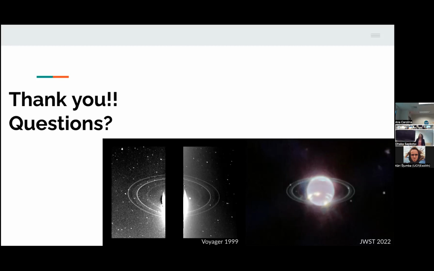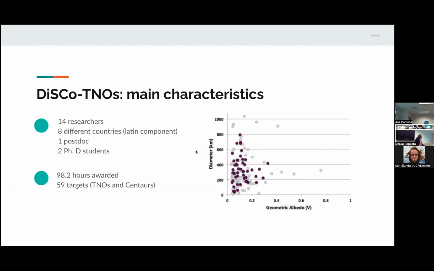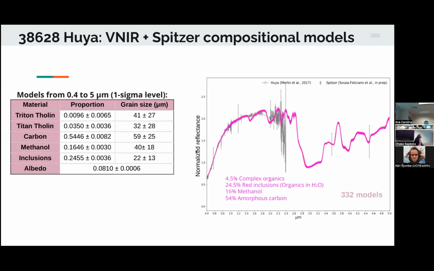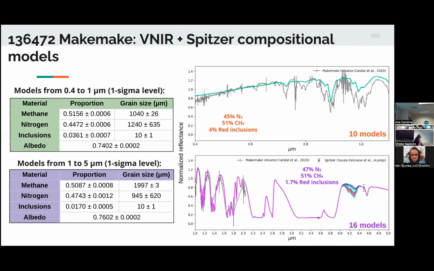Yes, this is the part where Mario is taking part. Actually, machine learning is helping. AI is helping us in the matter of selecting the most important materials because, for example, this spectrum here of Makemake.